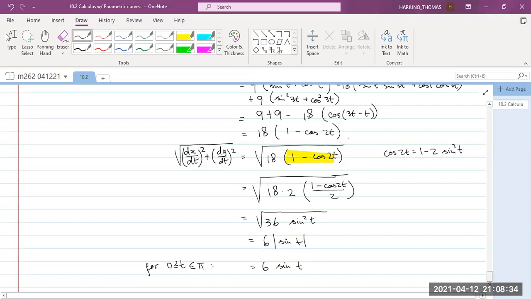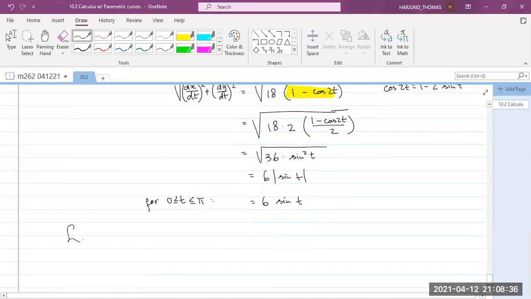Now we go to the integral. The arc length is therefore the integral from 0 to pi of 6 sine t dt. That equals 12.